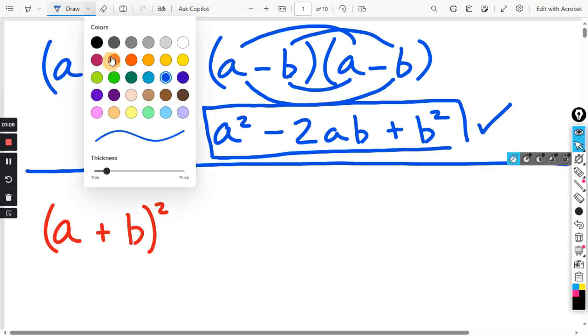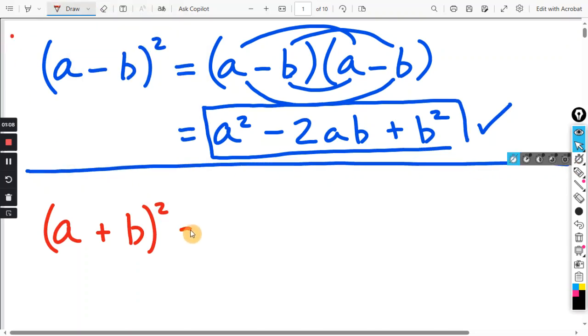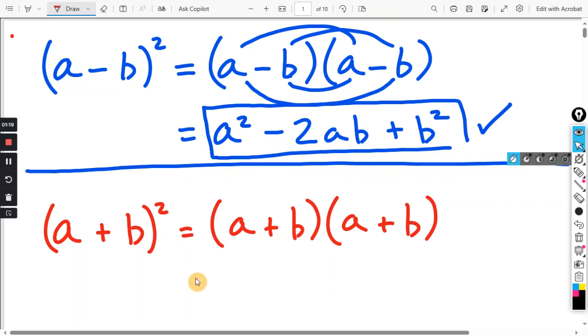And now, a plus b quantity squared, it is almost the same thing. Okay, a plus b quantity squared, of course, that's a plus b times itself. And if we use FOIL, the first term is a times a, or a squared.